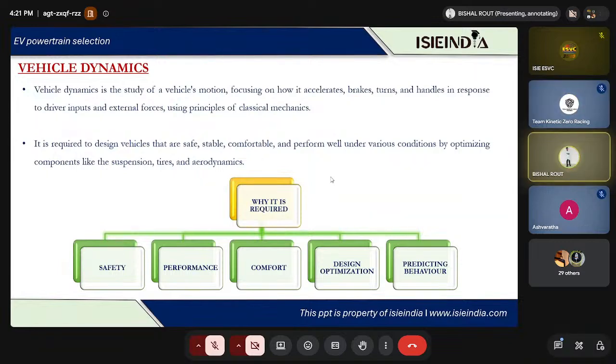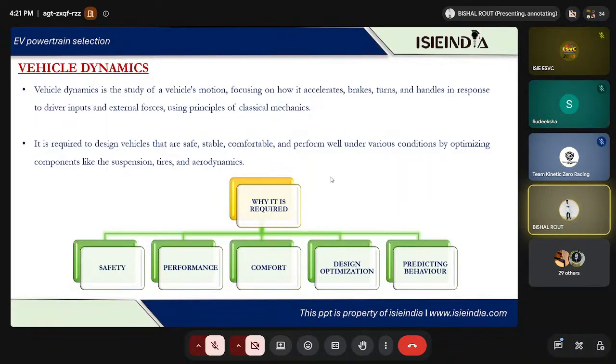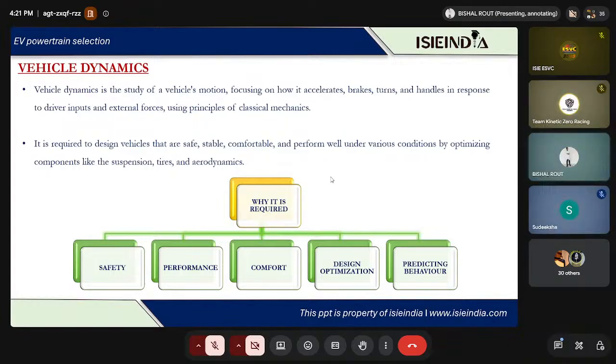A vehicle is constantly interacting with the road through only 4 tire contact patches. Almost all the force required to accelerate, brake, and turn must ultimately pass through these tires.